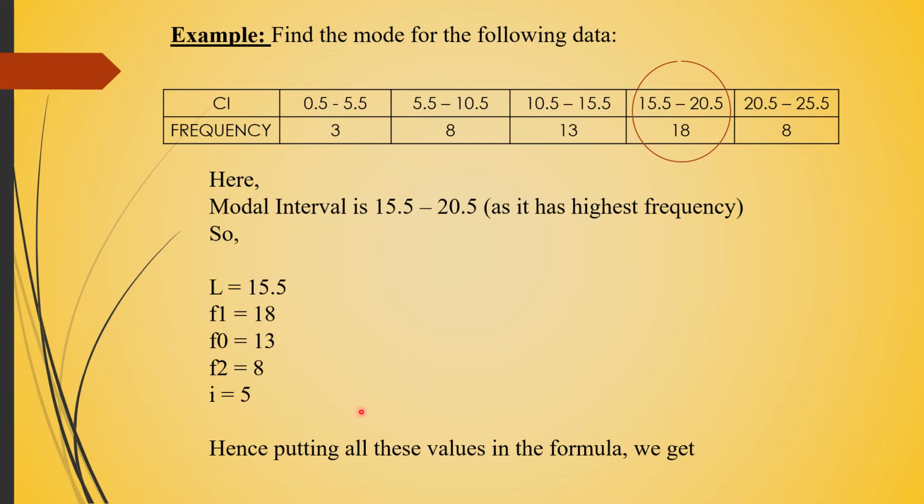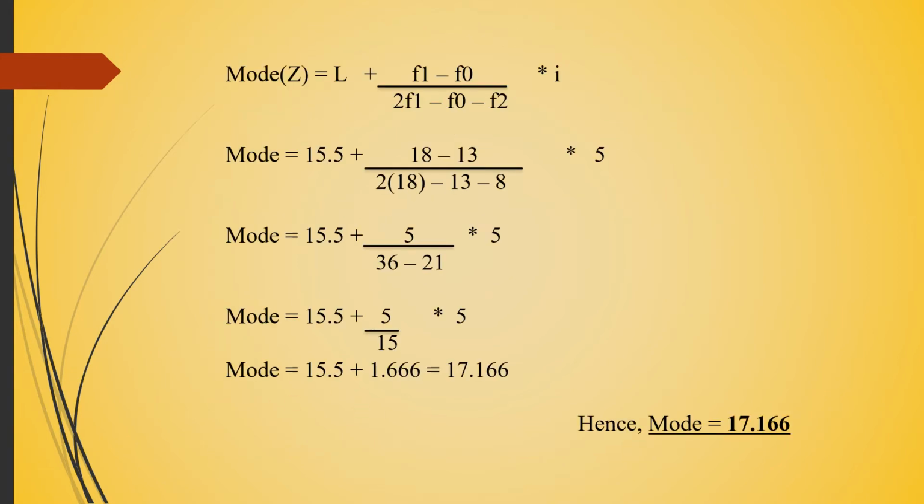So putting all these values in the formula, mode is equal to L plus (F1 minus F0) upon (2F1 minus F0 minus F2) into I. Mode is equal to 15.5 plus (18 minus 13) upon (2 into 18 minus 13 minus 8) into 5. Mode is equal to 15.5 plus 5 upon (36 minus 21) into 5, and by solving it we get mode is equal to 17.166.